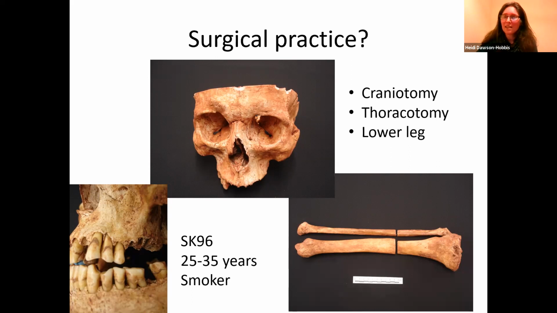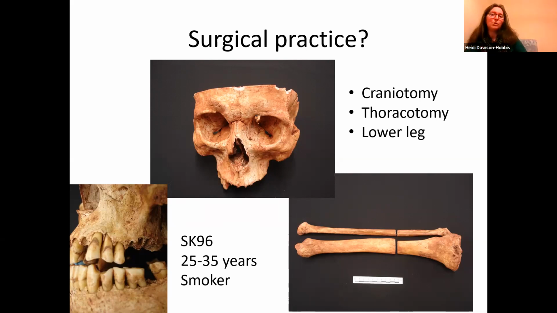And in this case, there doesn't actually seem to be anything wrong with it at all. So I've wondered whether they're doing this post-mortem autopsy on this individual, and therefore at the same time, they may be getting in a bit of practice, because you don't really want to be amputating someone's leg if you haven't practiced before on a cadaver. So this may be evidence for practice at the BRI.